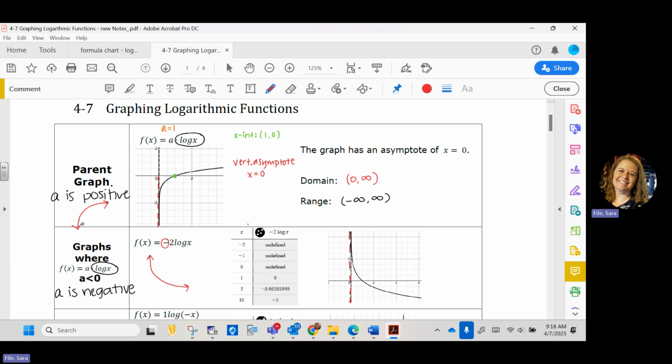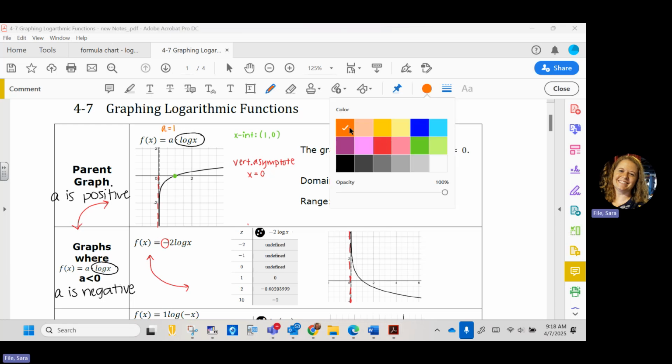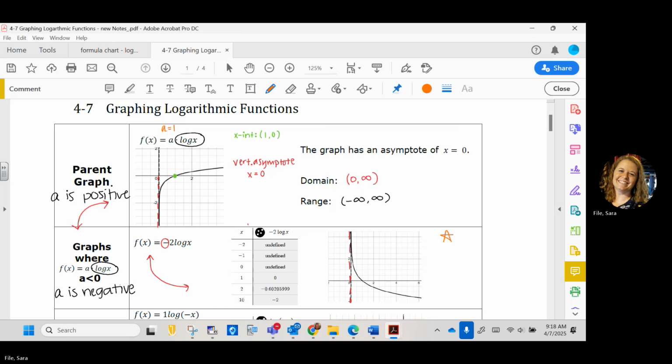Okay, because we know when you have a negative a, it reflects the graph over the x-axis. Okay. So a negative a reflects over x-axis. That's what we want to get out of that.